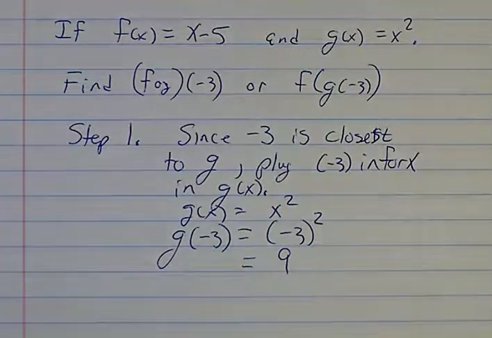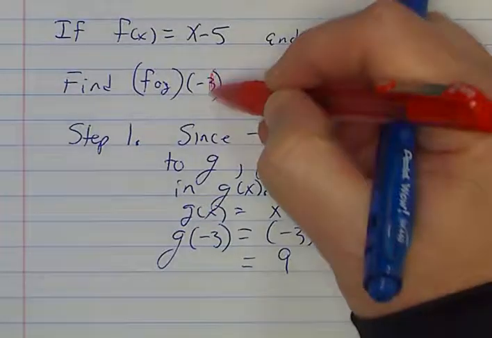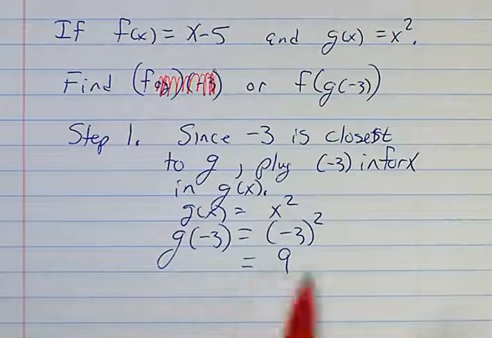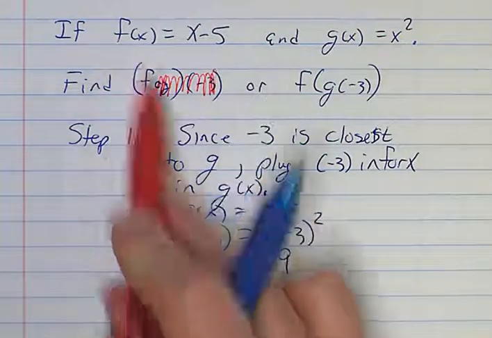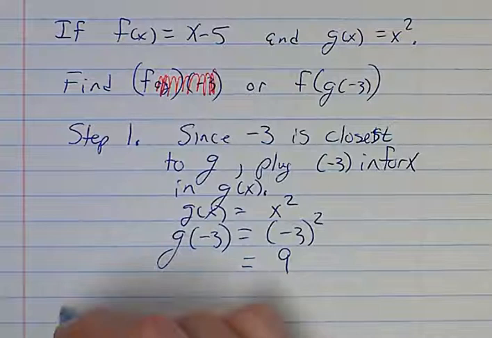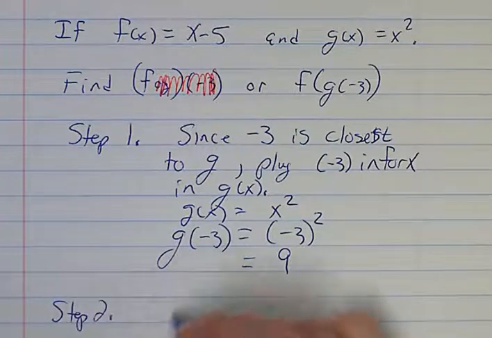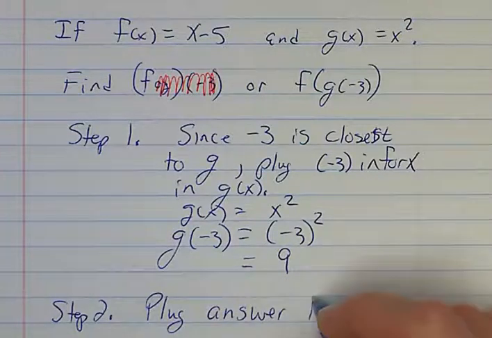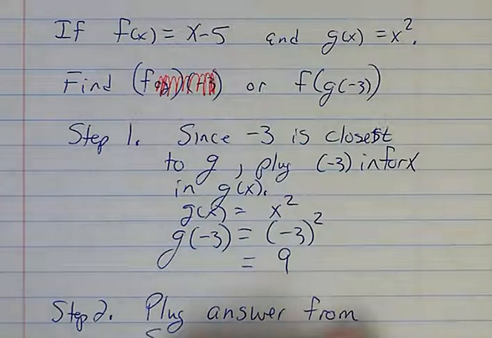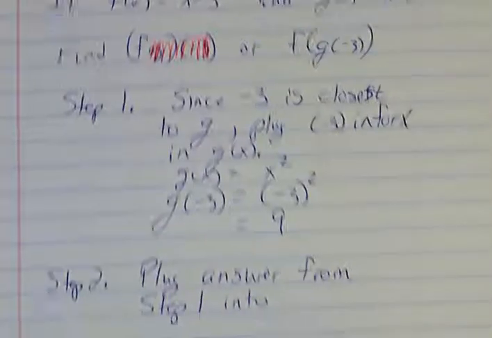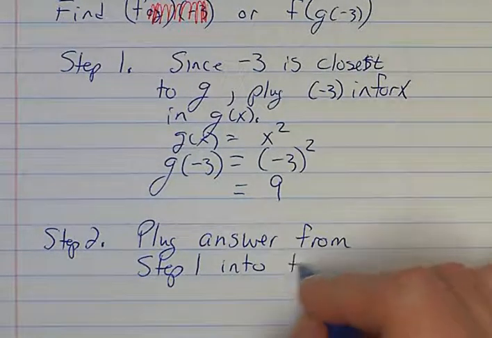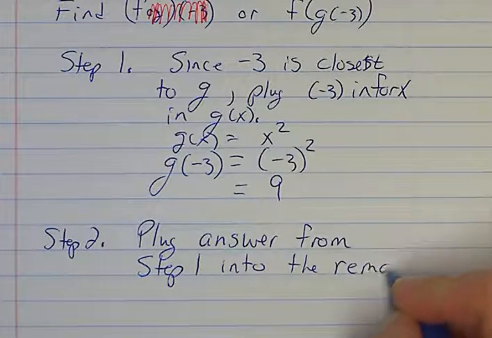So once you've done that and you've taken care of the g of -3 for the g part, well, now you still have the f part. So now you're going to take this answer you have of 9 and plug it into the other function. So we're going to plug this answer we have from step 1 into the remaining function.